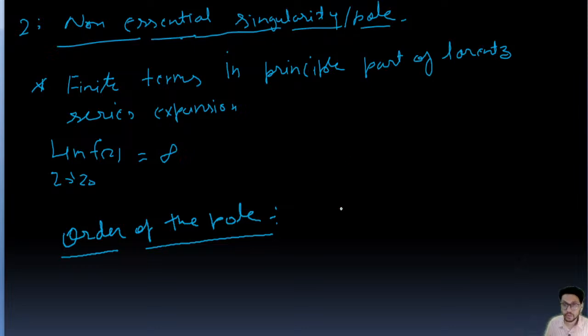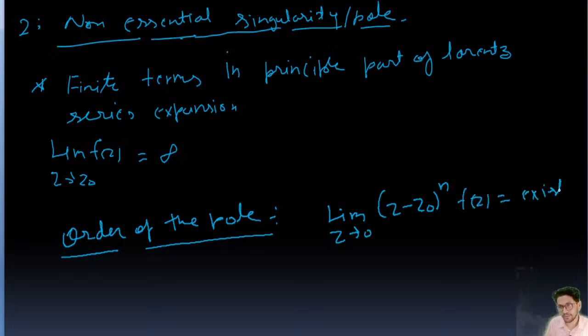There's a condition: limit z tends to z naught of (z minus z naught) to the power n times f(z) should exist, that is, it should give a finite value.